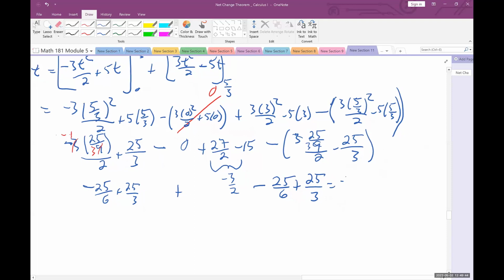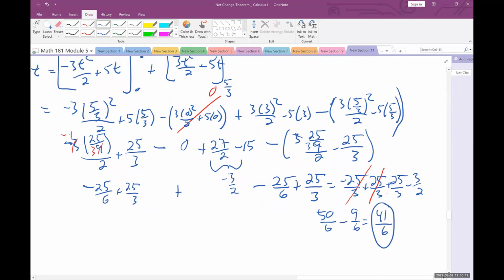So minus 25 thirds plus 25 thirds plus 25 thirds minus 3/2. I did this on purpose so that these can just cancel out. And then we have, again, 6 would be the common denominator, so it'd be 50 over 6 minus 9 over 6 is 41 over 6.